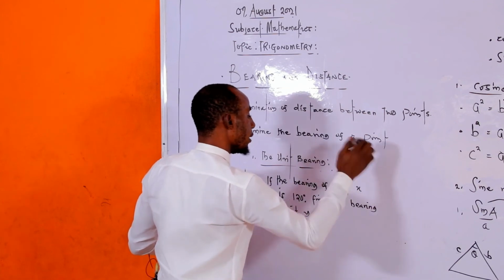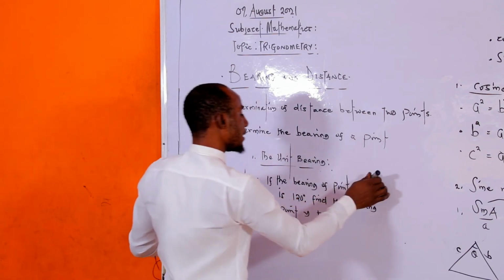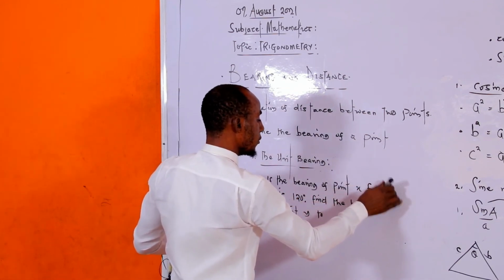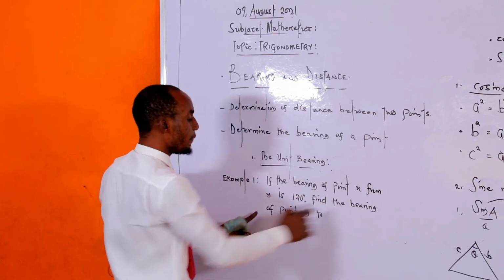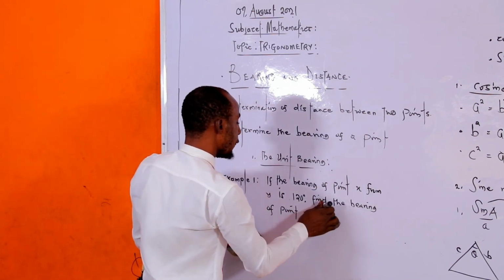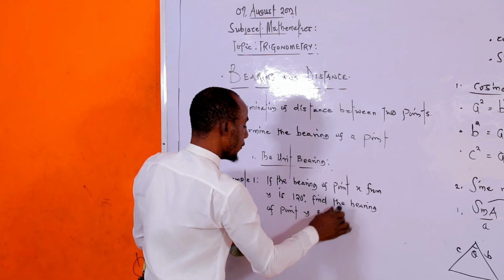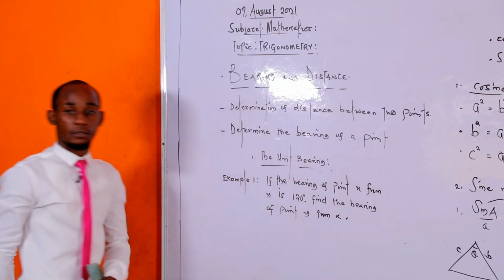Okay, sorry. If the bearing of point x from y is 120 degree, find the bearing of point y from x. Very good.